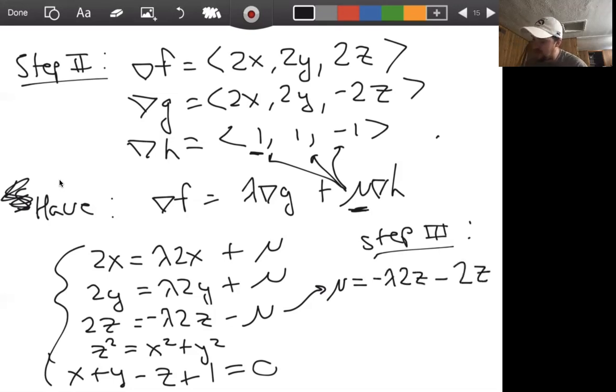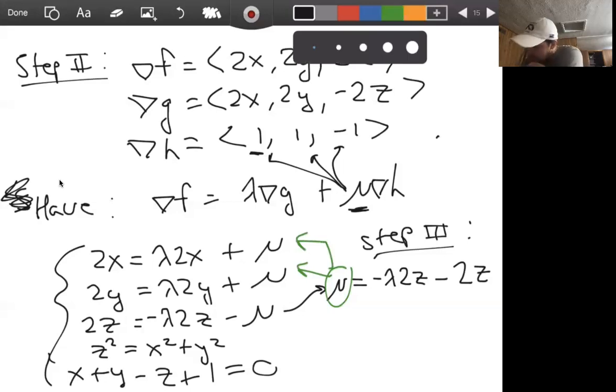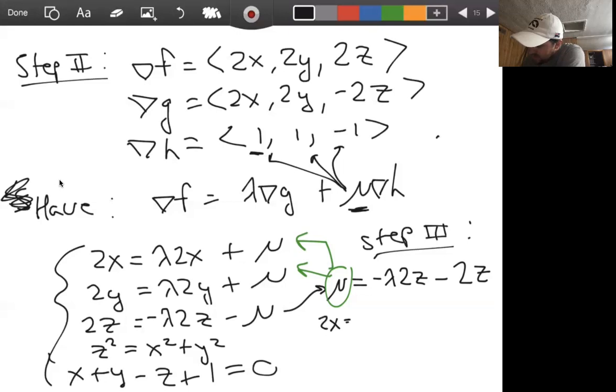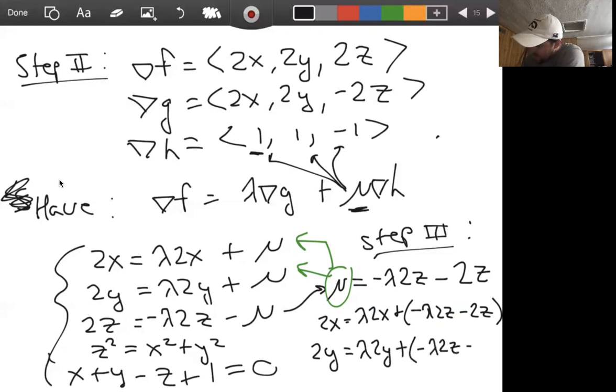And now I can plug this into my other expressions for mu. And so I have 2x equals lambda 2x plus, and then negative lambda 2z minus 2z. And then I also have 2y equals lambda 2y plus, and then negative lambda 2z minus 2z, right?